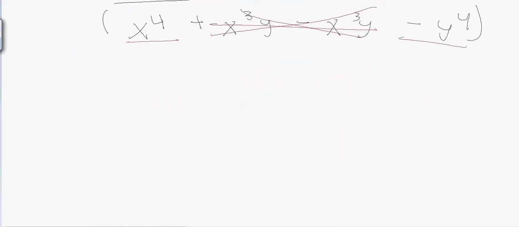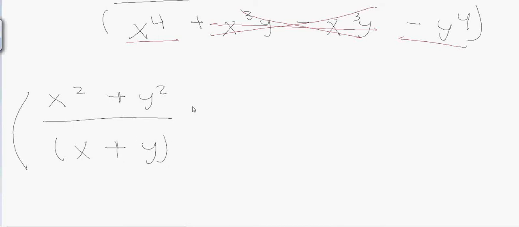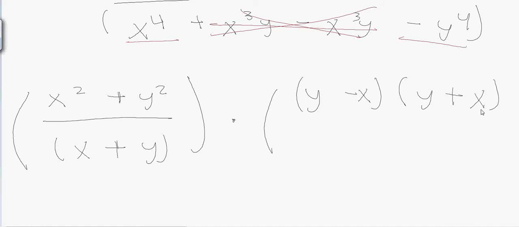You would get x squared plus y squared, like I said, all over x plus y, your common denominator, multiplied by y minus x times y plus x, sorry, all over x squared y squared.